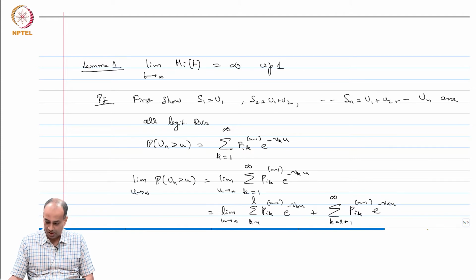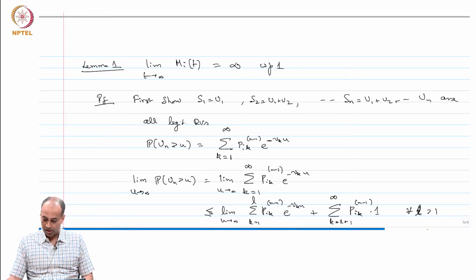But that factor is less than or equal to 1, right. So, if I make that 1, I can make this less than or equal to the tail sum. This is true for all L, it's true for all L.